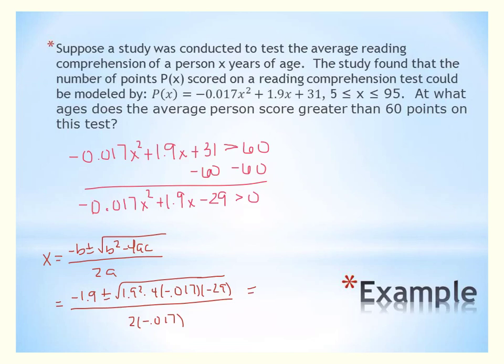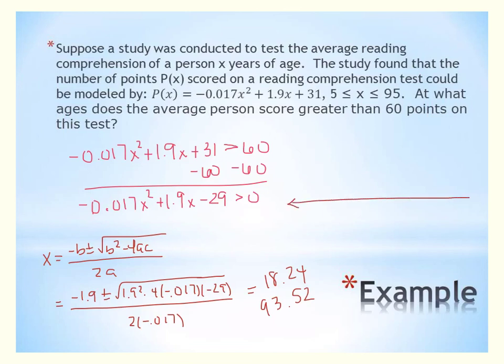If you're entering it all at once into your calculator, be very careful about parentheses. Okay, so I get 18.24 for the positive case and 93.52 for the negative case.